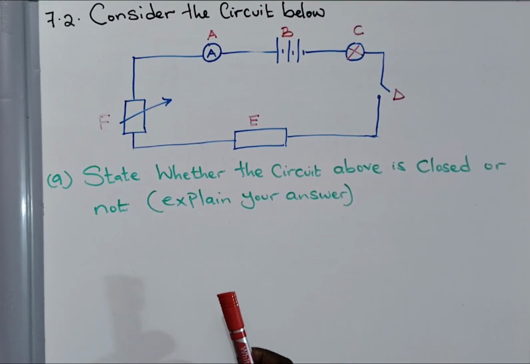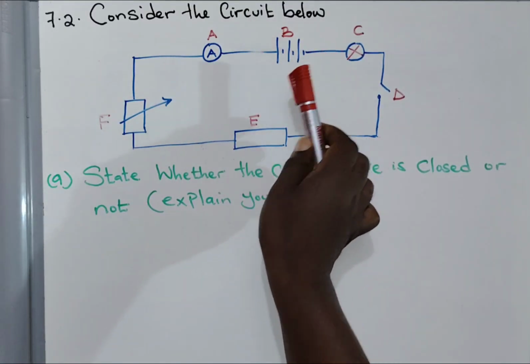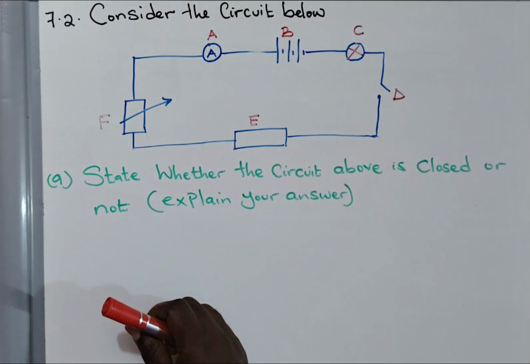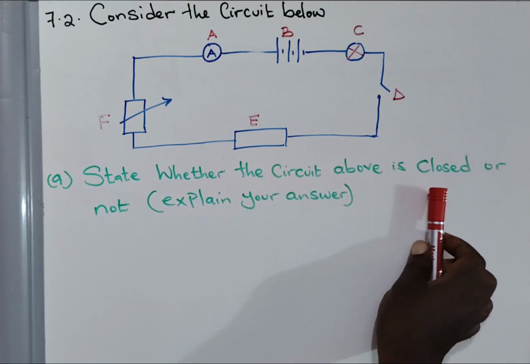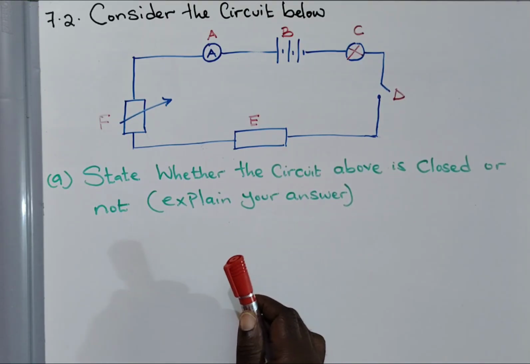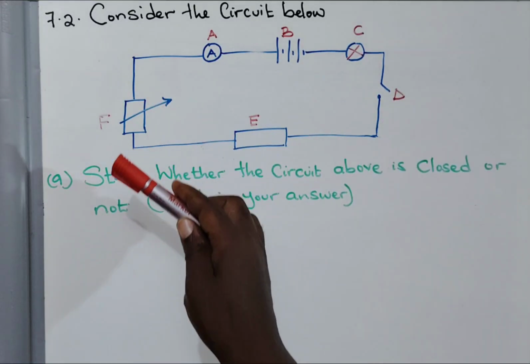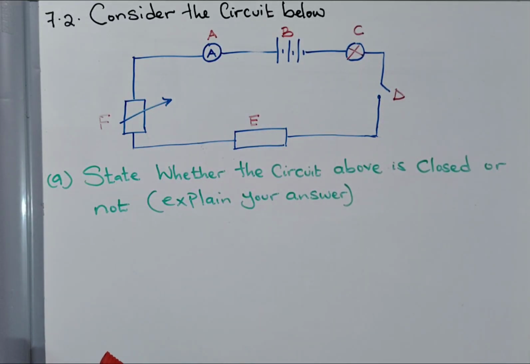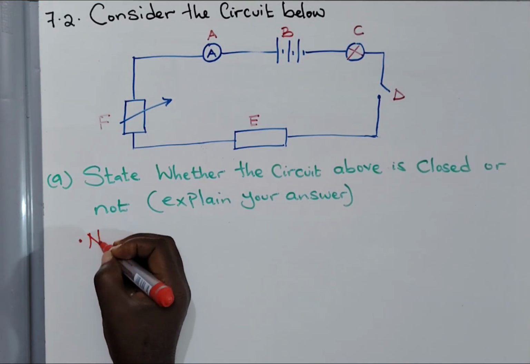Then we come to this one. It says, consider the circuit below. So this is the circuit. And it says, state whether the circuit above is closed or not. Explain your answer. When we look at this circuit, is it closed or not? The answer is not closed.